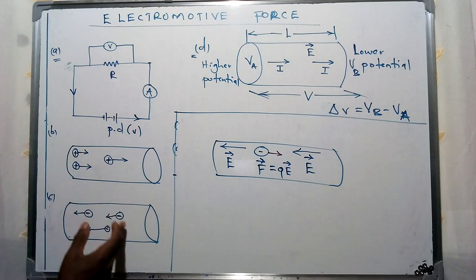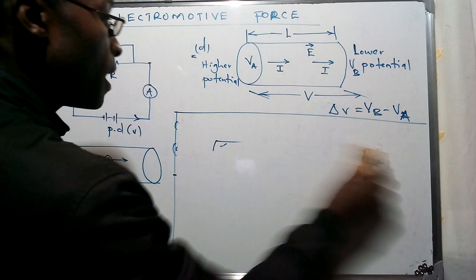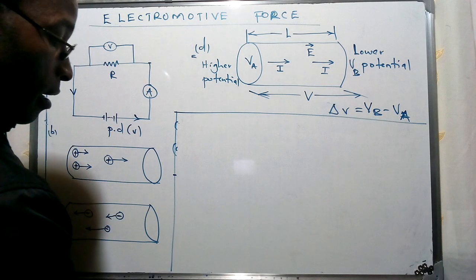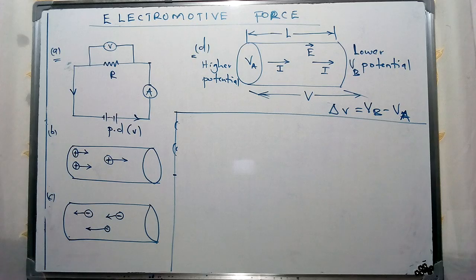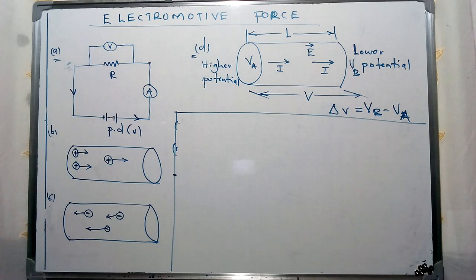But for this case, we're going to consider the general case for B and C, which consists of positive and negative charges. As we have been saying, one of the ways in which we can identify the flow of current is the flow of charge, and this can be either negative or positive charges as given above.